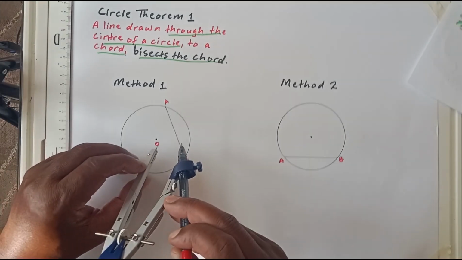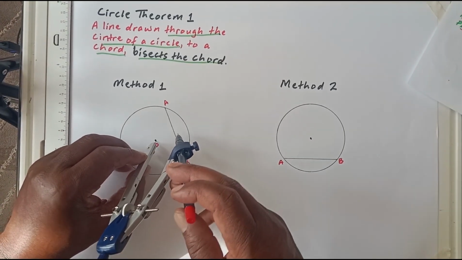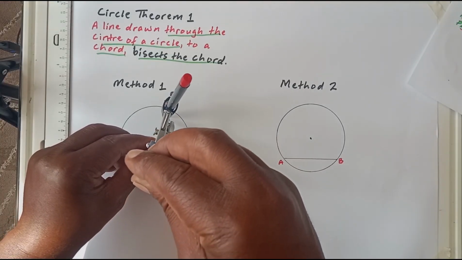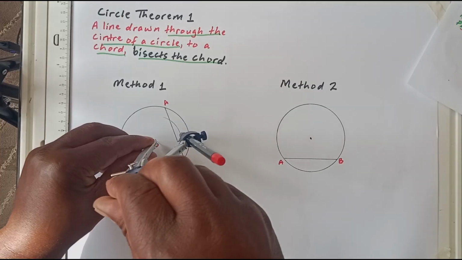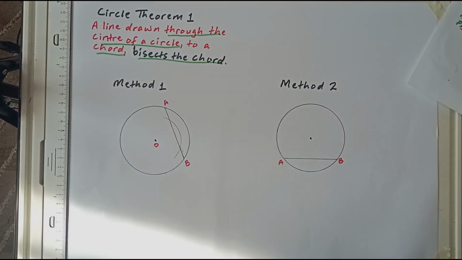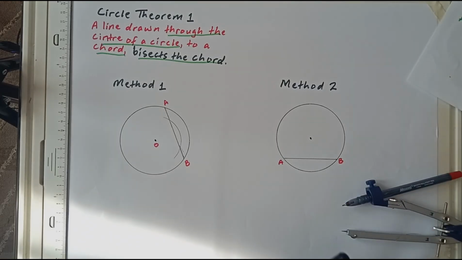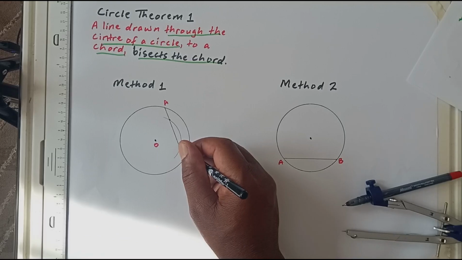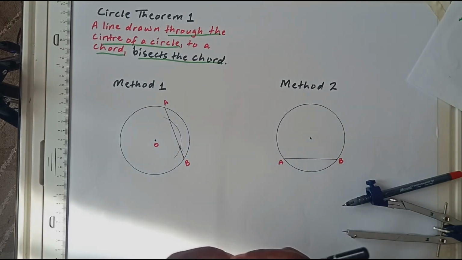So we can open compasses to any convenient radius, but making sure that we draw an arc to cross the chord twice. By so doing, we are establishing more construction points at the crossing points.